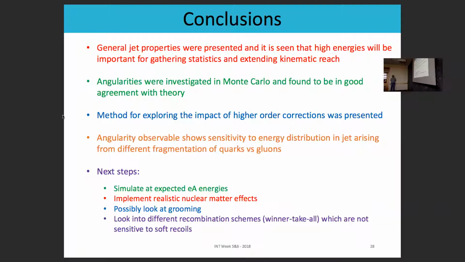these probes of matter. Because you said on your slide it shows sensitivity, but you just said it shows somewhat. Yeah, it's definitely a question. If we simulate a brick of cold nuclear matter and then turn a knob a bit, change some parameter, how much is our angularity going to change?